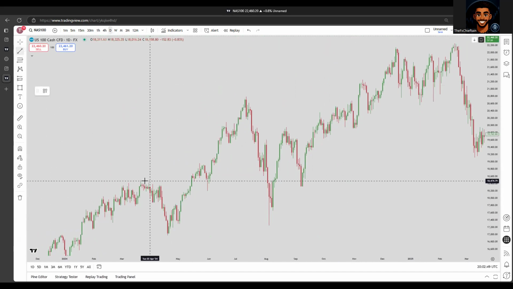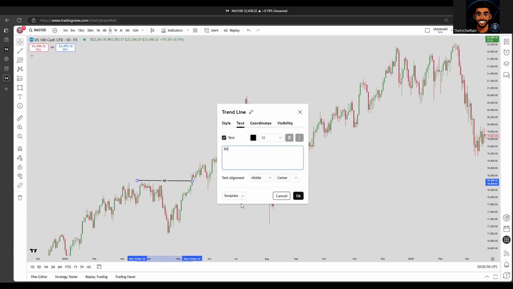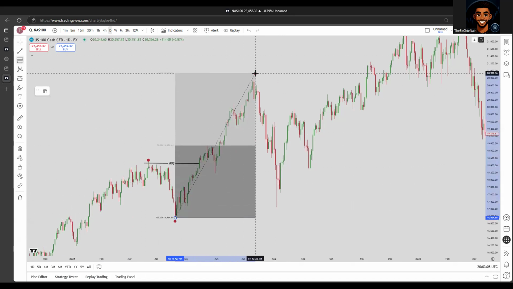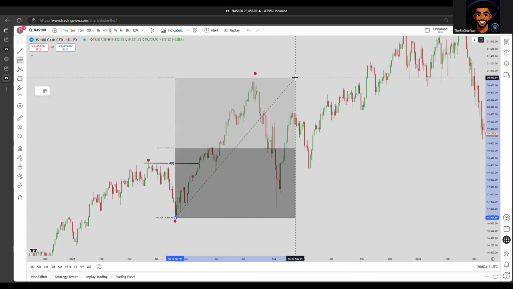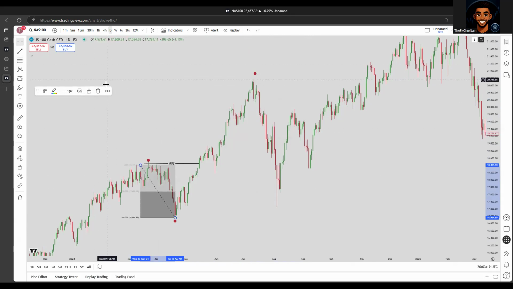Because you can see at this level, price broke structure, right? This is a break of structure. And we can clearly see that these are our swing points: swing high, swing low, swing high. If you use your Fibonacci, you see this is the premium and this is the discount area. I remember one of the conclusions is that you must see them in the discount area. So now if this is a discount area, how did I get it?